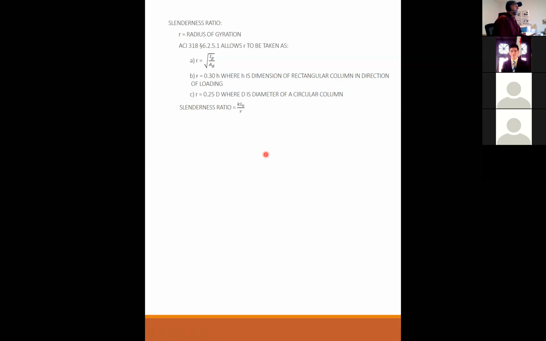A perfect example: you could have a 12-inch by 12-inch column going from the ground floor up to a balcony. So maybe it's 15 feet long, but it's only a 12-inch by 12-inch column.